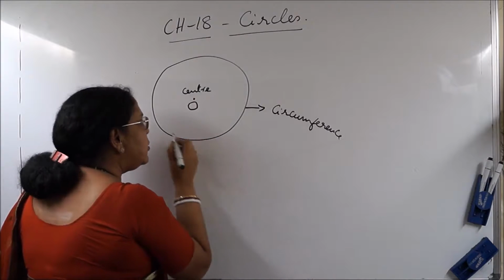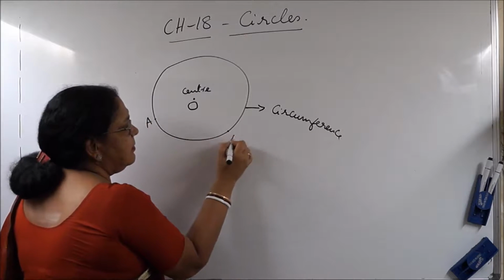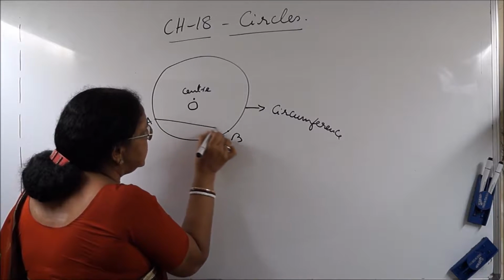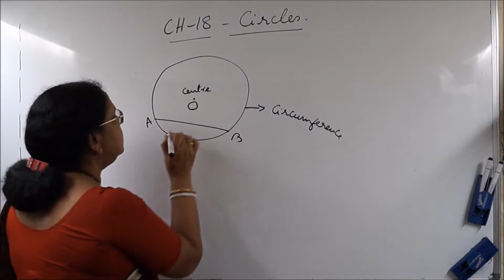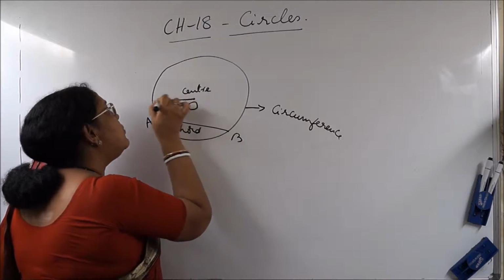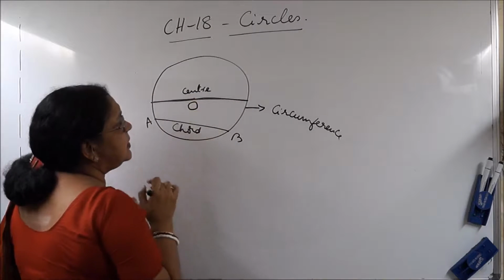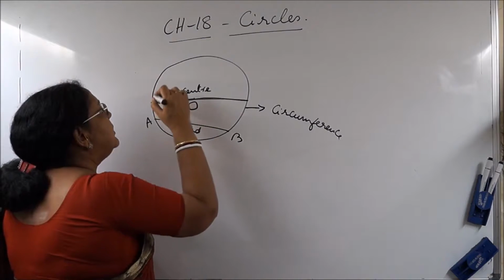Now the line joining any 2 points on the circle, say A and B, is a chord. When a chord passes through the center of the circle like this, then it is called the diameter.